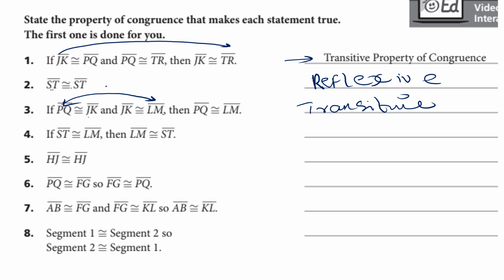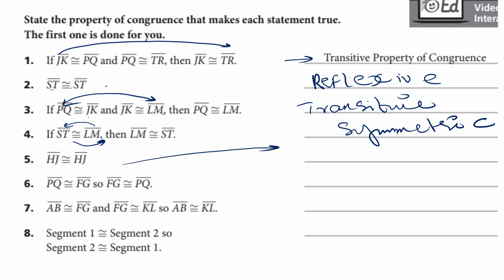Next question, if ST is congruent to LM, then of course LM is congruent to ST. So this is our symmetric property. Next question, if I have here HJ refers to HJ. So what property is it? It is again our reflexive property. If PQ is congruent to FG and FG congruent to PQ, so it is symmetric property.